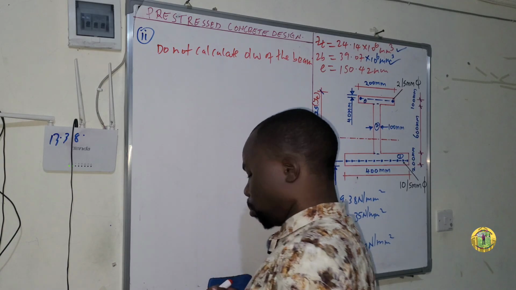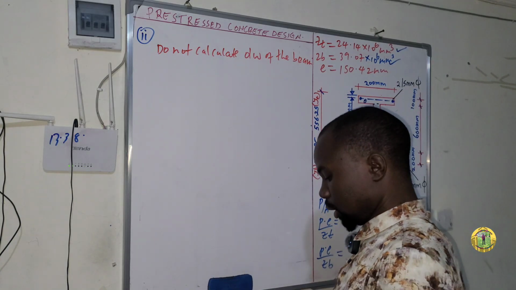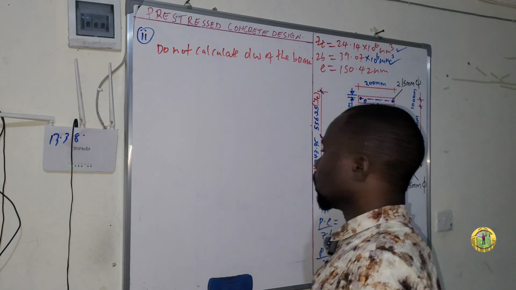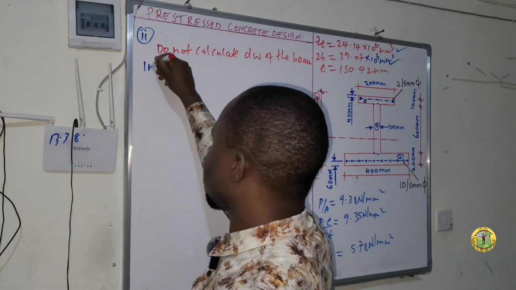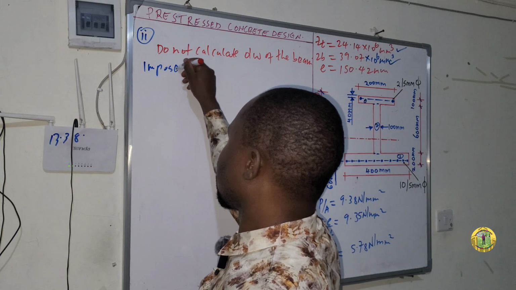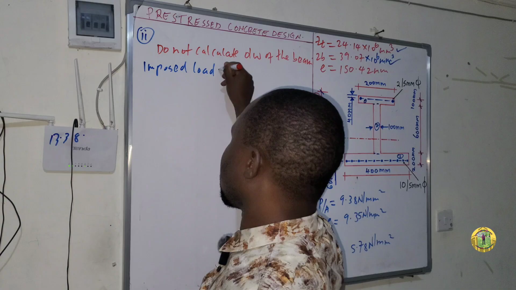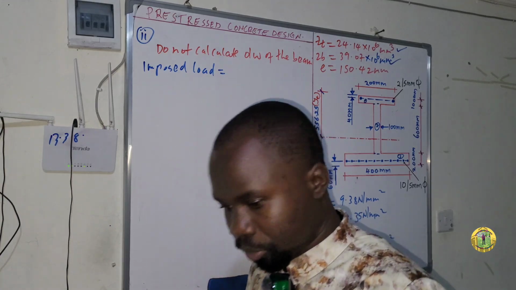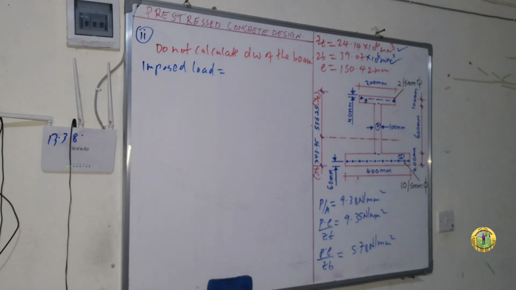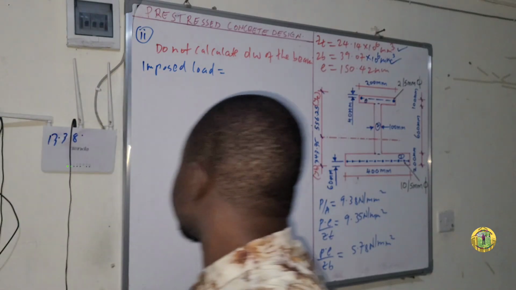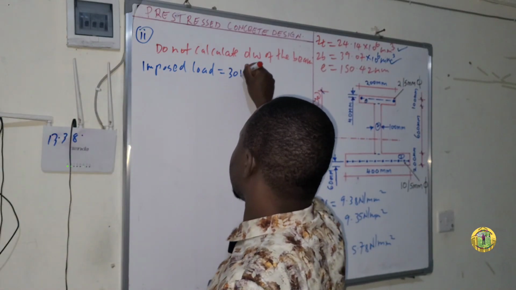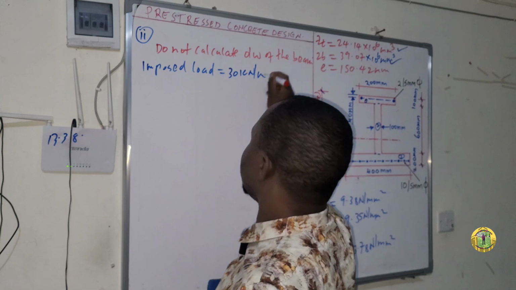So we'll use the imposed load to calculate the moment. And the imposed load is equal to 30 kilonewton per meter.